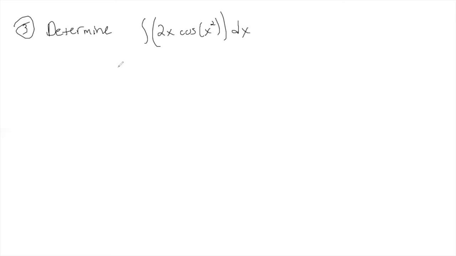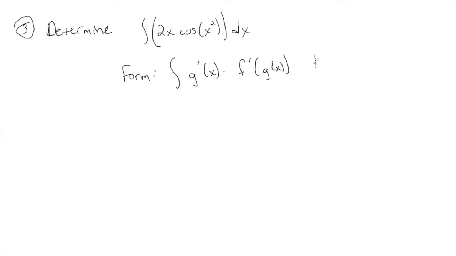So this is pretty clearly written in the form g prime of x times f prime of g of x.